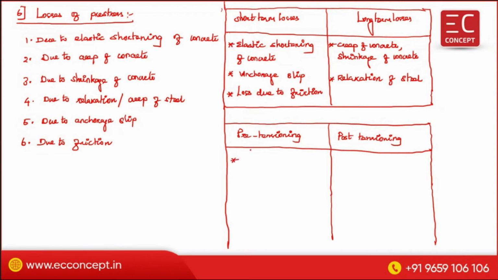Here the pre-tensioning losses are elastic shortening of concrete, then creep of concrete, and next one is shrinkage of concrete.